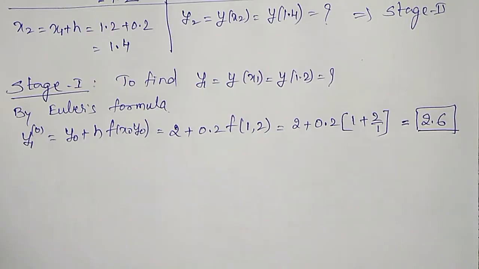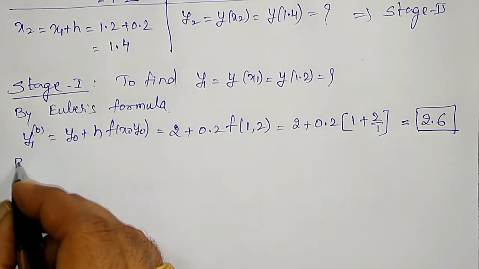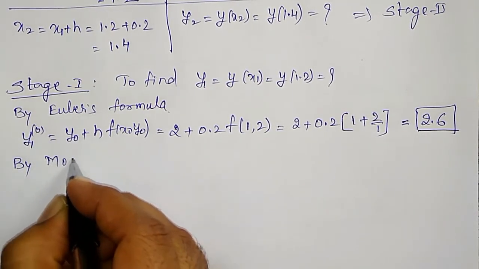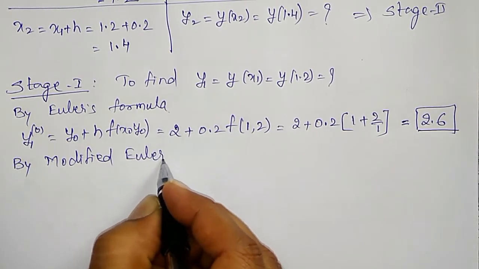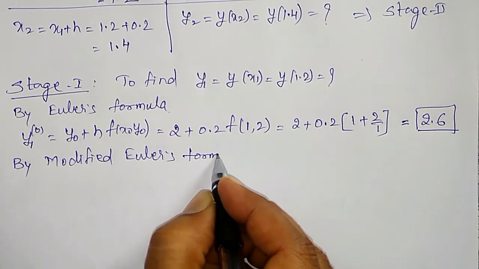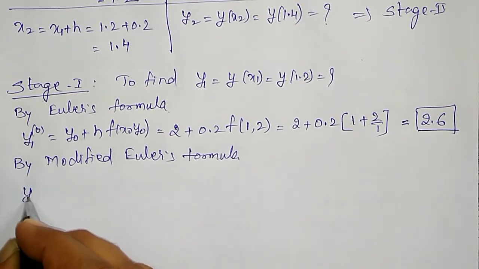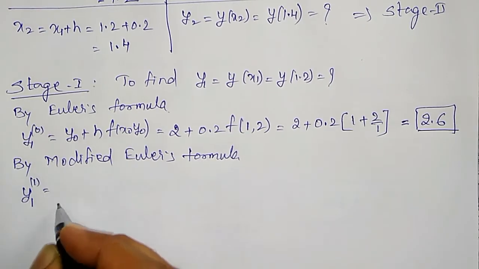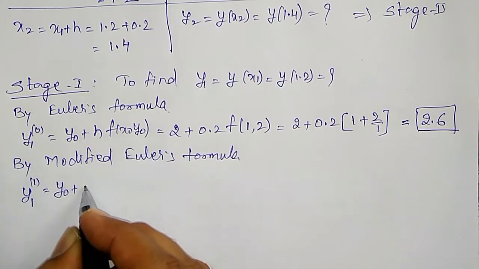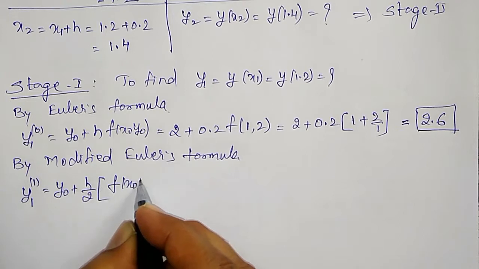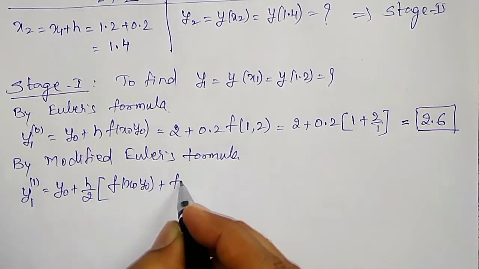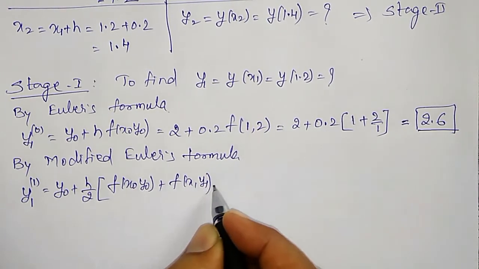Using this, by modified Euler's formula, y1 first approximation is given by y0 plus h by 2 into bracket f of x0, y0 plus f of x1, y1.